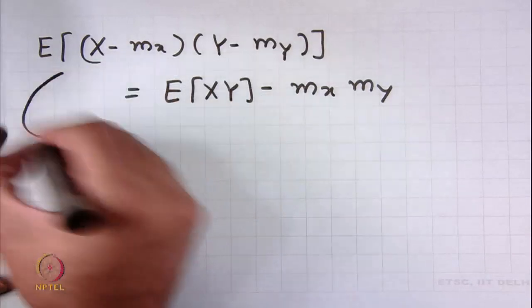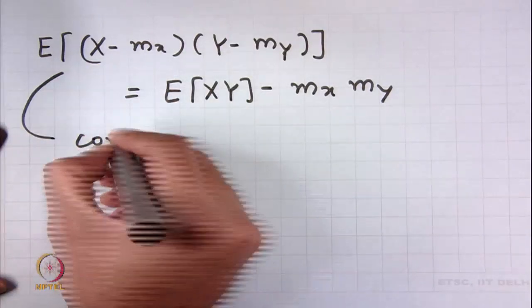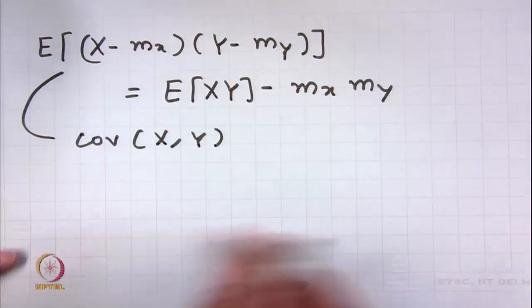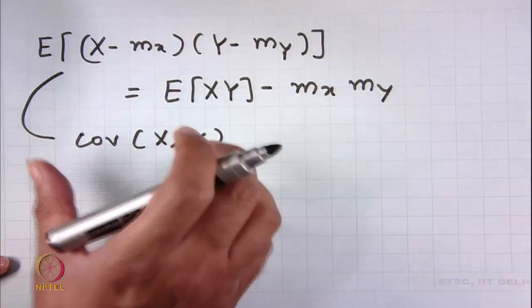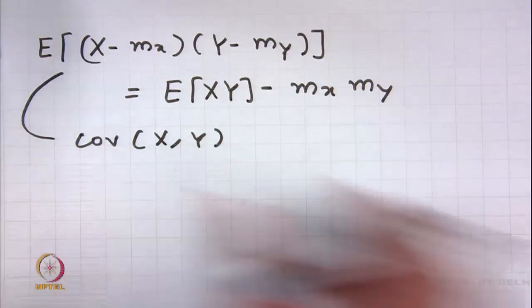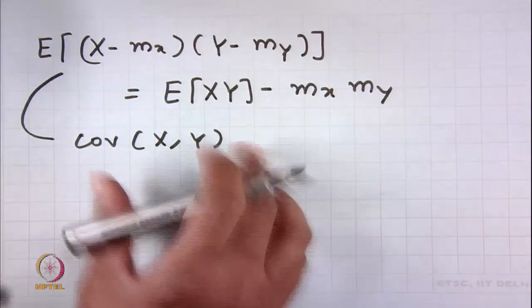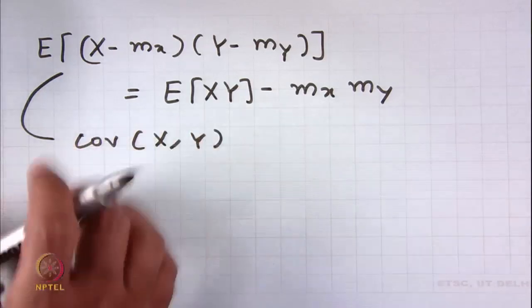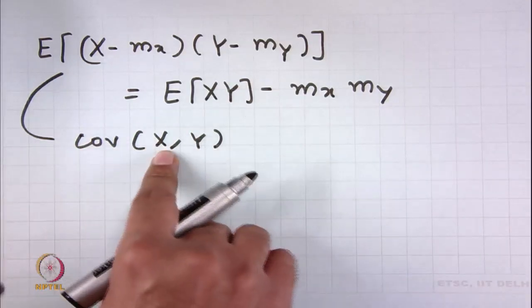Okay. This quantity is known as the covariance of random variables x and y. Covariance is a very central concept to this course, we will use it a lot more. So, it will be very helpful for you if you understand this clearly. So, what is the covariance of two random variables?